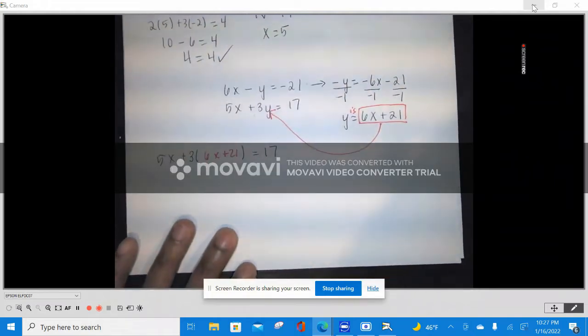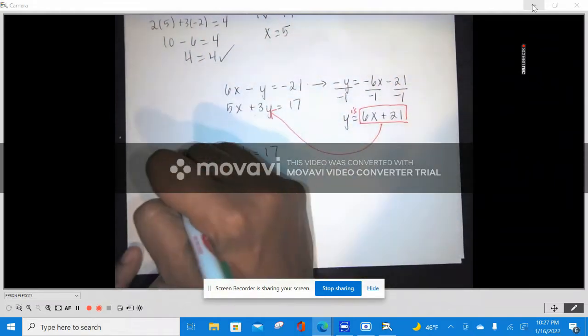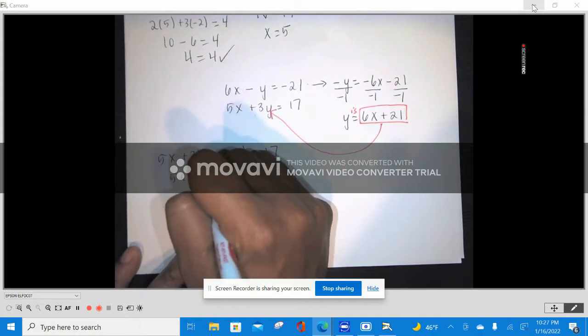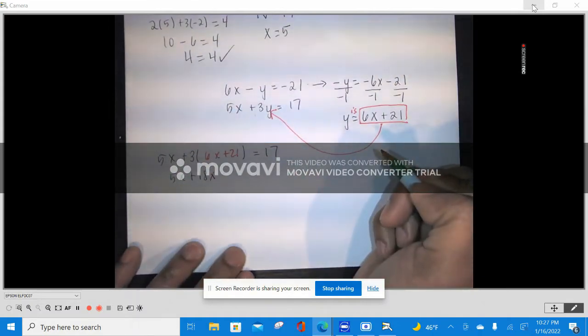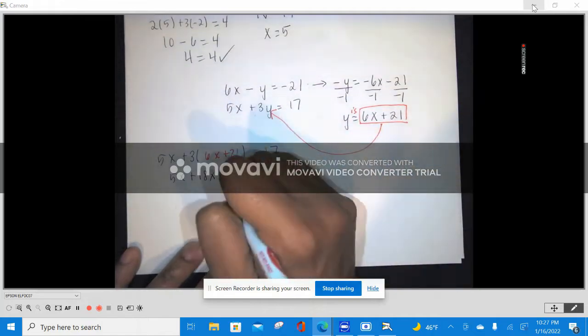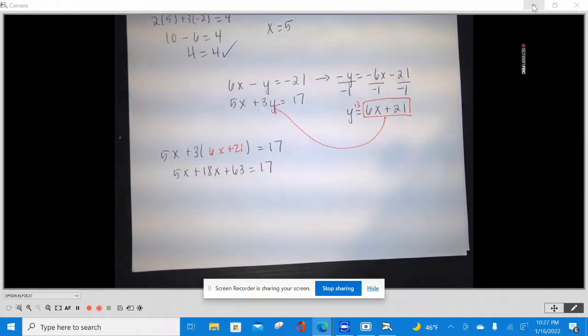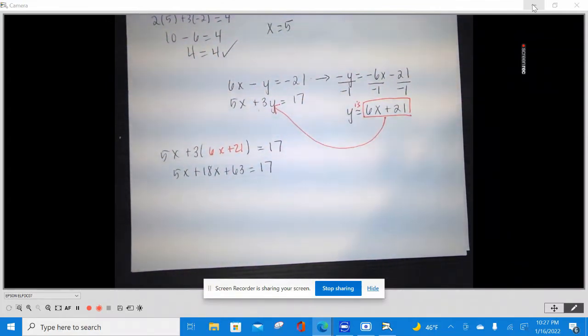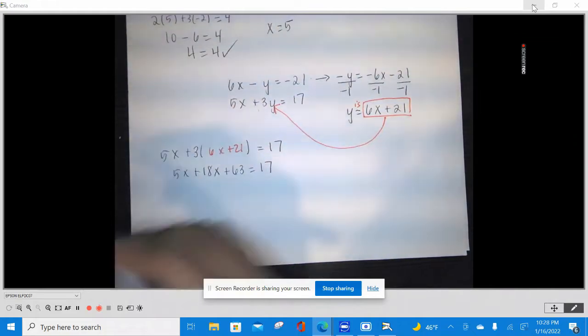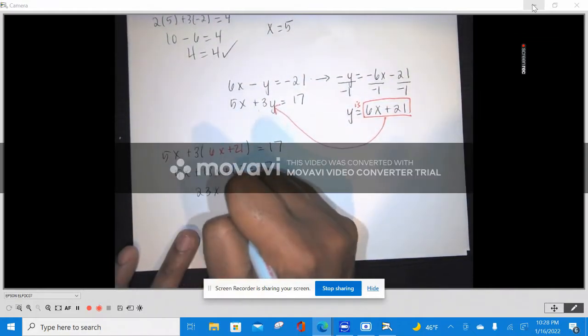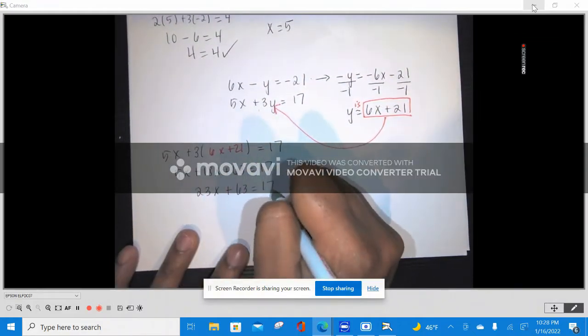And now the next step is to always do the distributive property. So now we have 5x, we have 18x, and then 21 times 3 is 63 equals 17. Now that the equation is all in terms of one variable, which is our x, we can just solve for x. So now we got 23x when you add those together, combine your like terms.